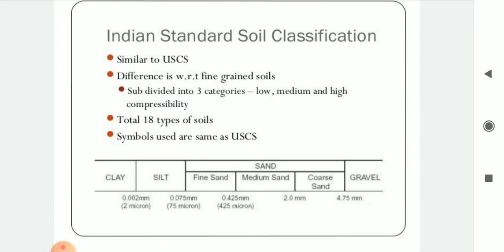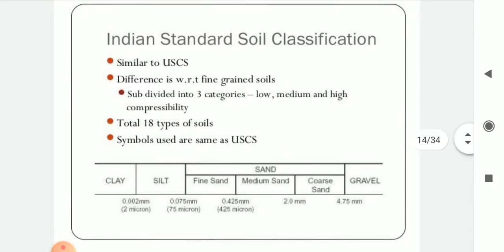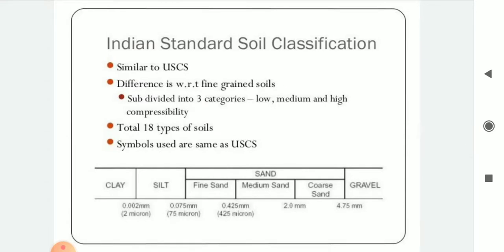Symbols used are the same as USCS: clay, silt, sand. Sand is further divided into three types: fine sand, medium sand, coarse sand, and gravel. These are the four major soil classifications: clay, silt, sand, and gravel. And the sizes are 2 microns, 75 microns, 425 microns, 2.0 mm, 4.75 mm, etc.